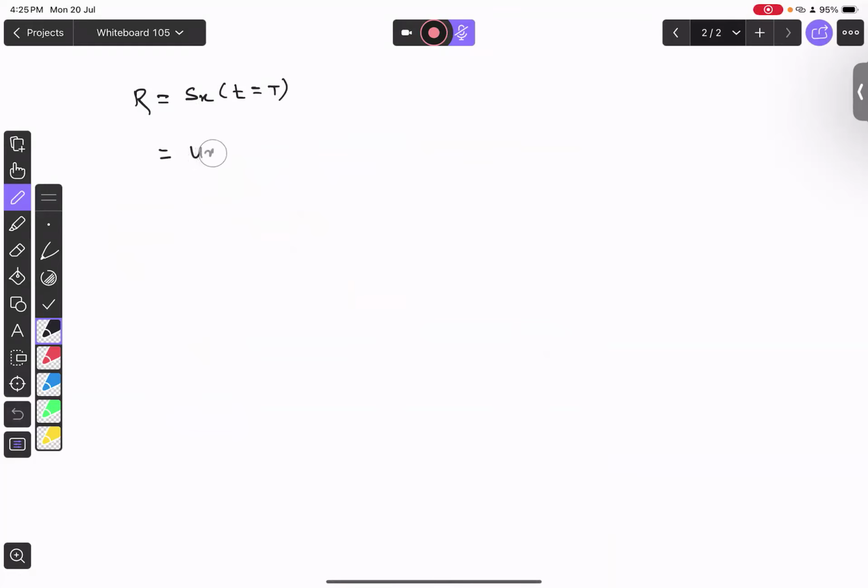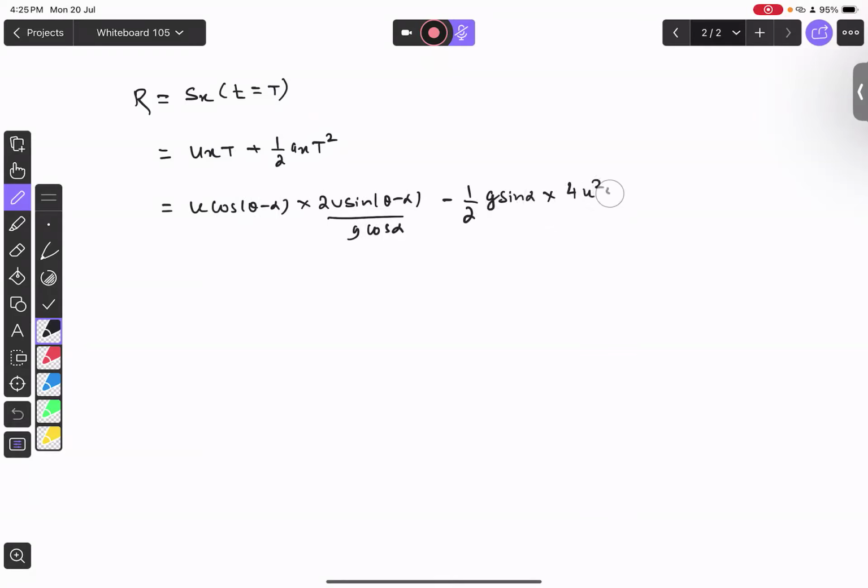So range will be ux t plus half of ax into t square. What is ux? U cos theta minus alpha. T is 2u sin theta minus alpha divided by g cos alpha. And ax is minus g sin alpha. T square will become 4u square sin square theta minus alpha by g square cos square alpha.